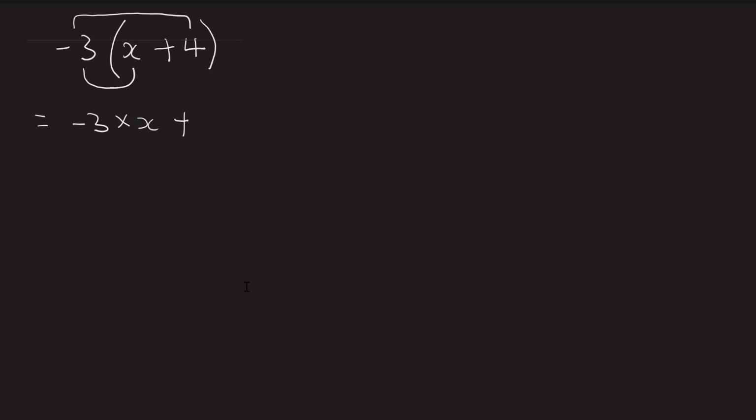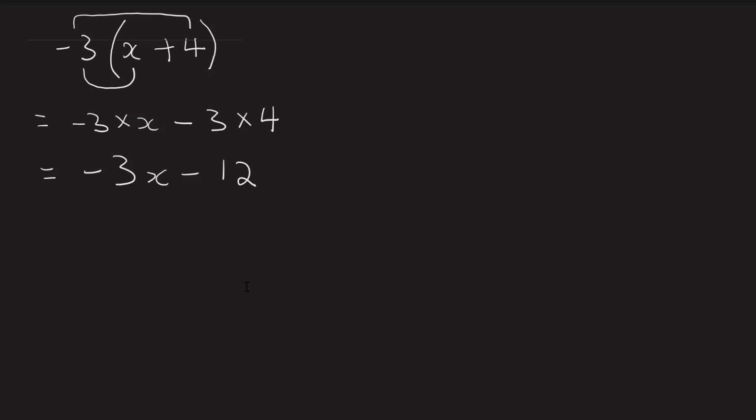Now I'm going to end up with a minus sign. So let me erase this because I have a negative number multiplied by a positive number. So this is going to be minus 3 times 4. Tidy up. Minus 3x minus 12.